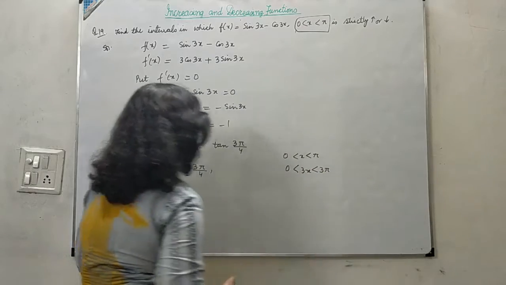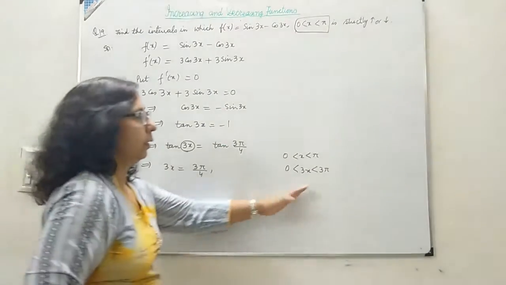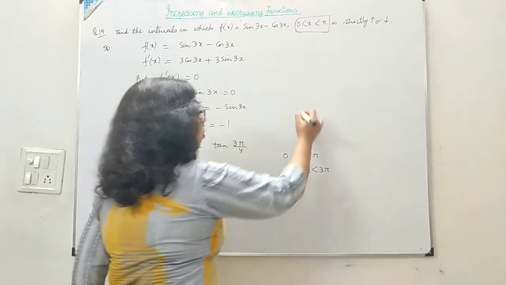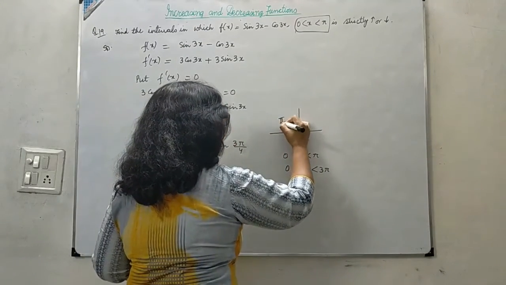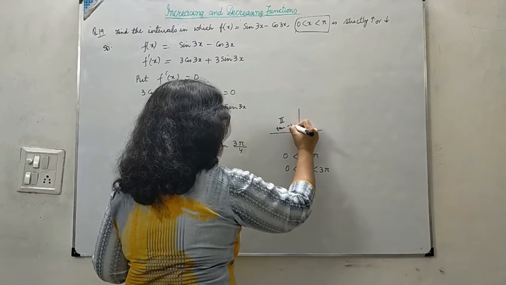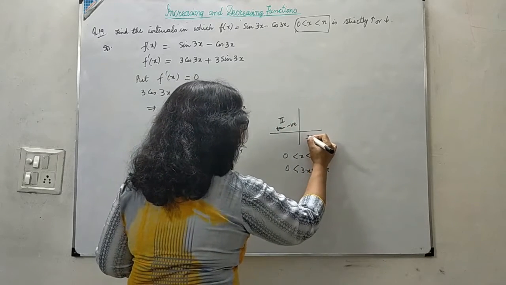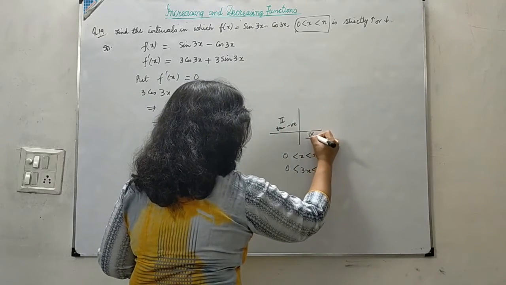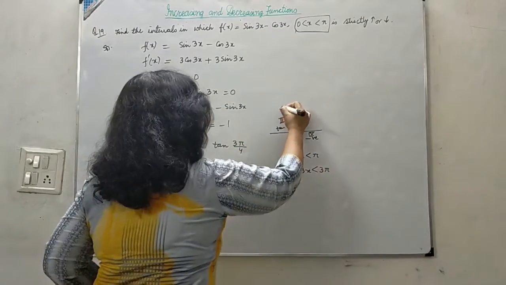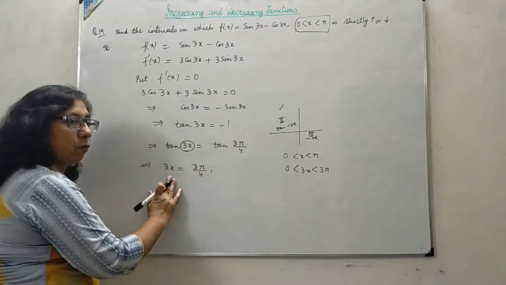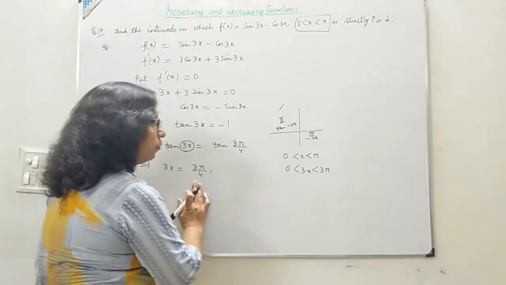So it means we will have to consider all the angles till 3 pi because tangent is negative here. Negative is in the second quadrant, and then the fourth quadrant, and then again if we come back to the second quadrant, so I will have to take 3x as 3 pi by 4.